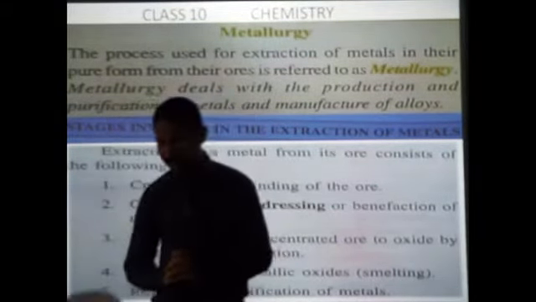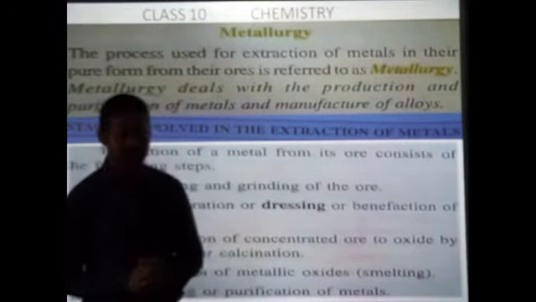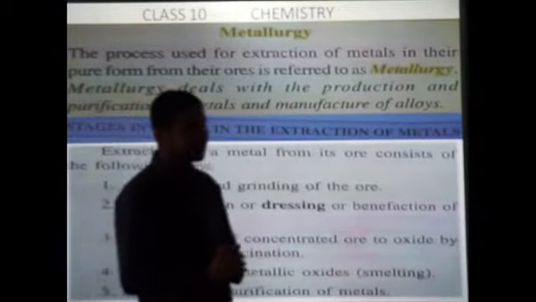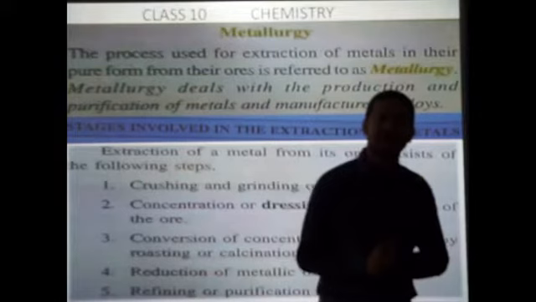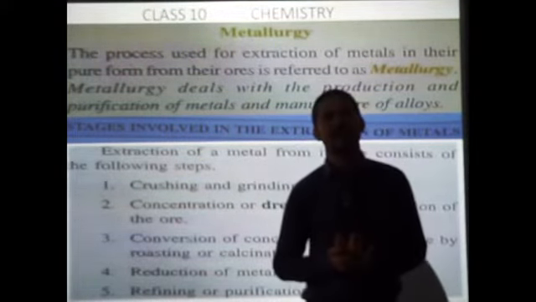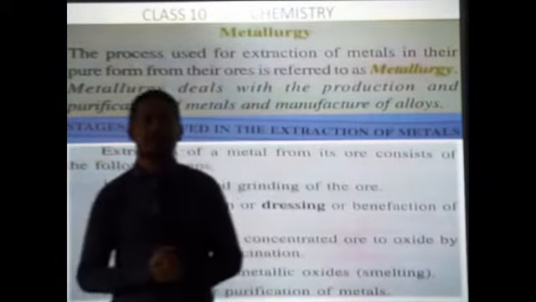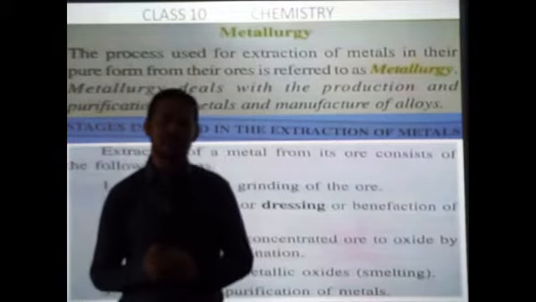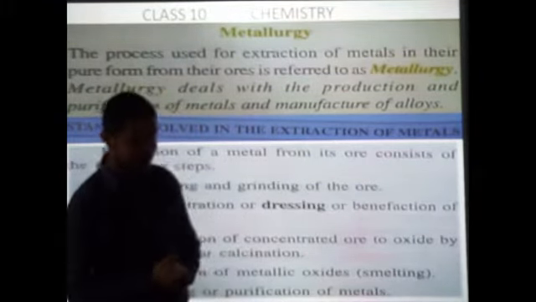So, last time we started a new lesson, metallurgy, and in that we learned that metals are extracted from their ores. Ores are minerals from where a particular metal can be extracted commercially with low effort and minimum cost.